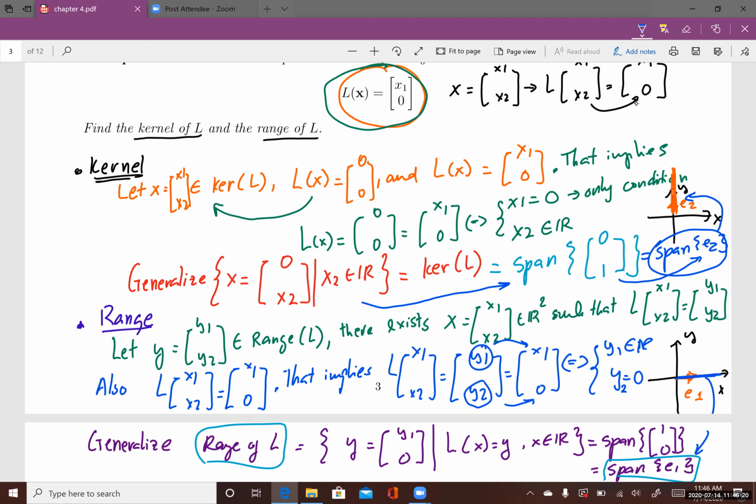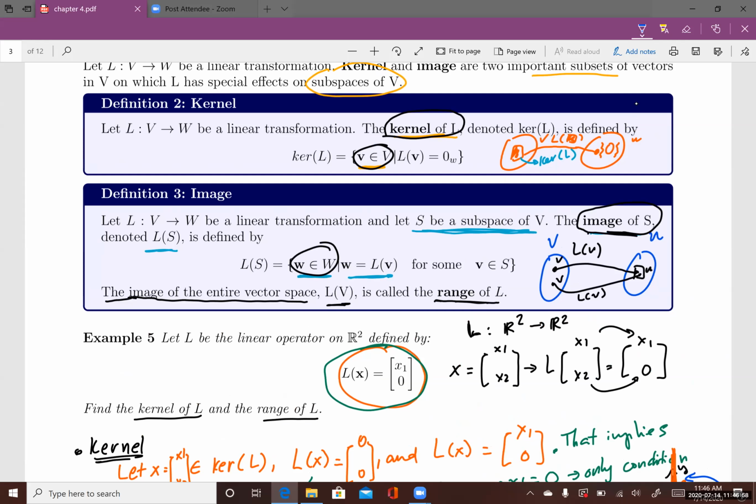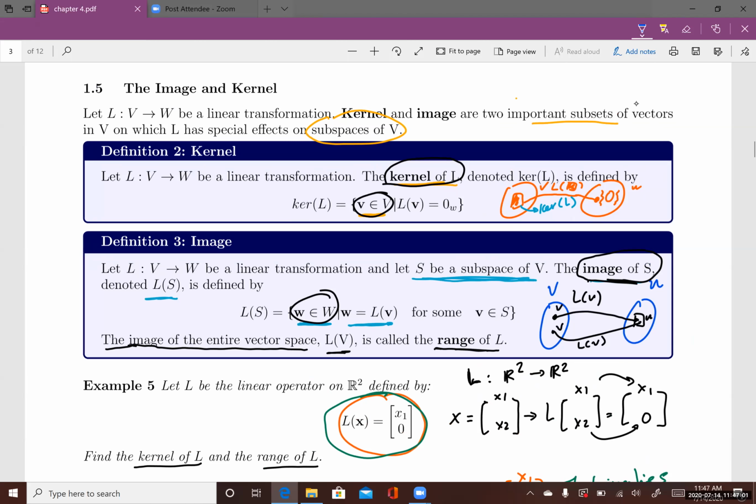If y2 equals 0, you can generalize the range of L by collecting all the vectors whose y2 equals 0 and y1 can be anything. This set is the same as the span of 1, 0, which is E1, and the span of E1 is the collection of all the vectors on the x-axis. All right, so this is the definition and an example of a kernel and an image of a linear transformation.